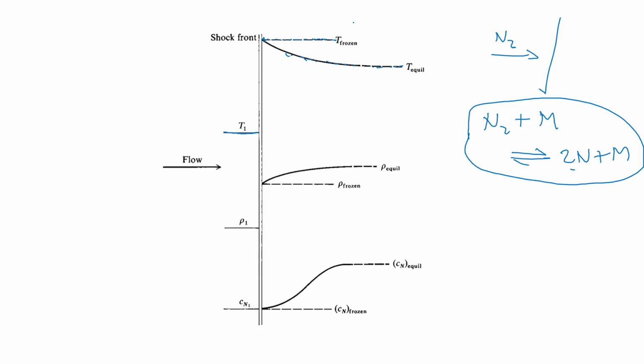It will attain the equilibrium, and at that equilibrium the temperature will be constant. You will see that this temperature will be lower than the frozen temperature. Why? Because some of the energy has gone to dissociation.